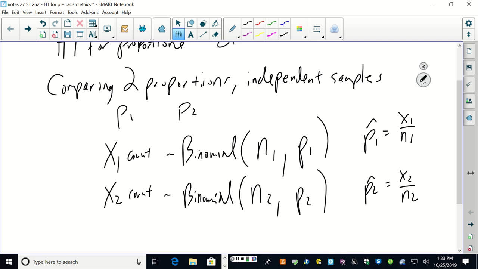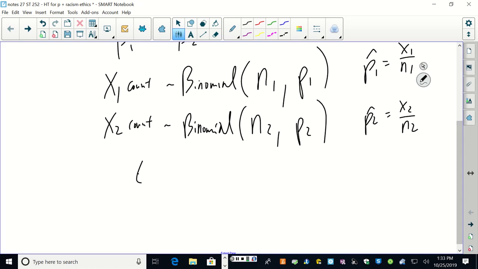So either we're going to do a confidence interval for the difference, or we're going to do a hypothesis test, which ultimately will be based on a calculation of that difference. So our estimate of P1 minus P2 is our P1 hat minus P2 hat, our difference in sample proportion.